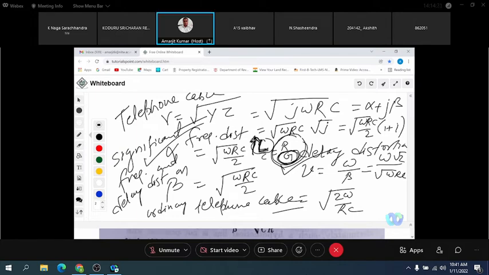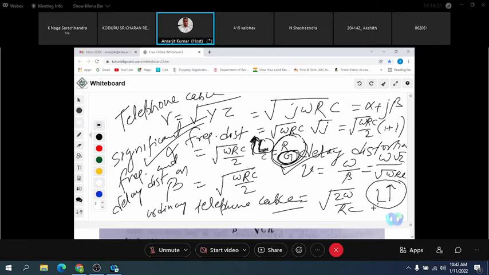So what can we do to increase the value of inductance so that the distortionless condition is satisfied? How to increase L? That is the question. We have two or three methods. One is known as lumped loading.